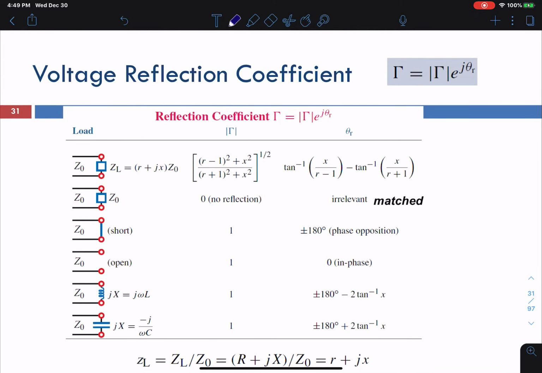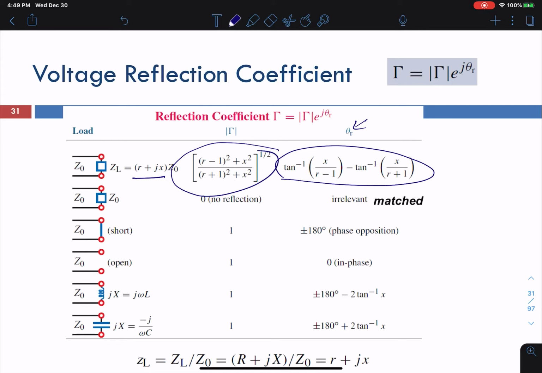All right, so here's a few things over here. This is the load, right? This is the reflection coefficient magnitude, and this is the reflection coefficient angle, called theta r.